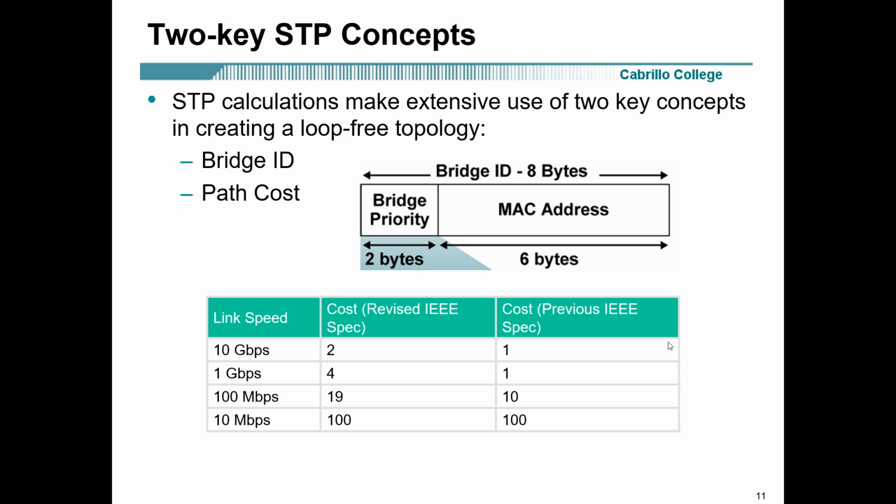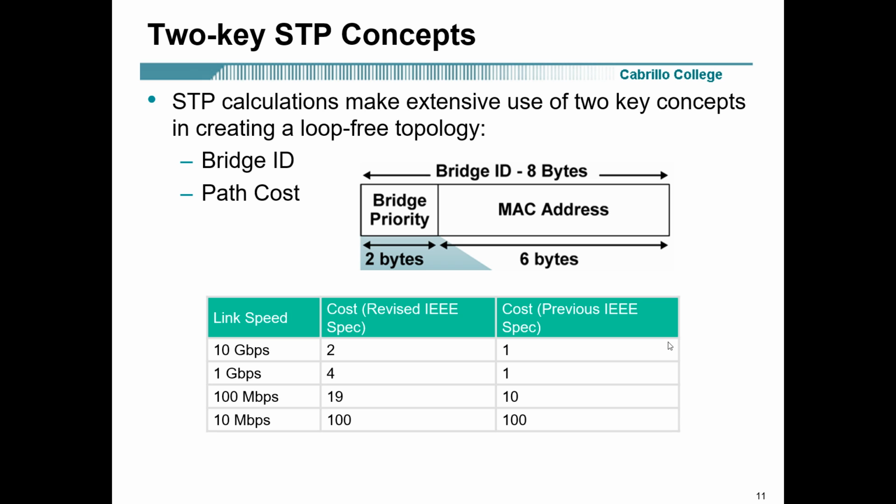The concept for our STP relies heavily on this thing called a root bridge, and that root bridge is based off of a bridge ID. So STP calculations make extensive use of two key concepts in creating that loop-free topology. That's going to be the bridge ID and the path cost.